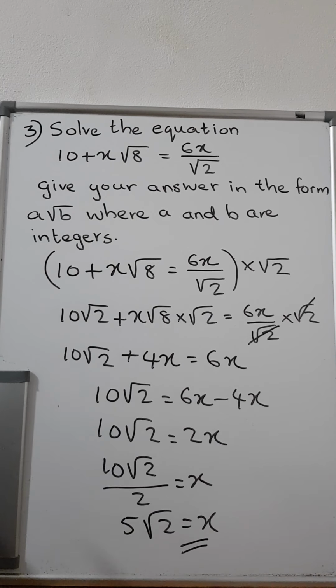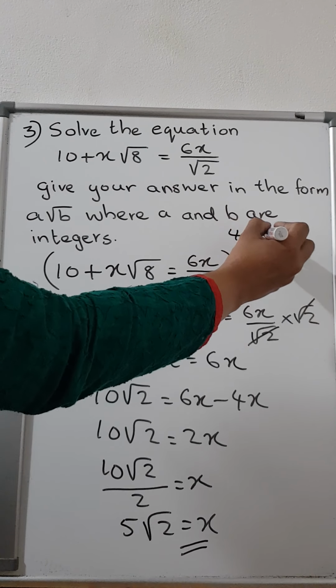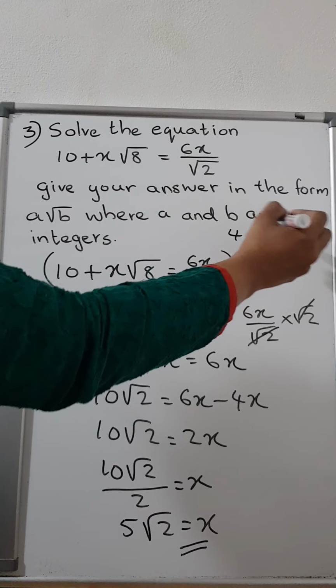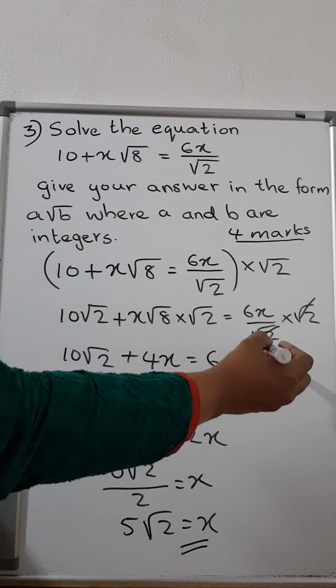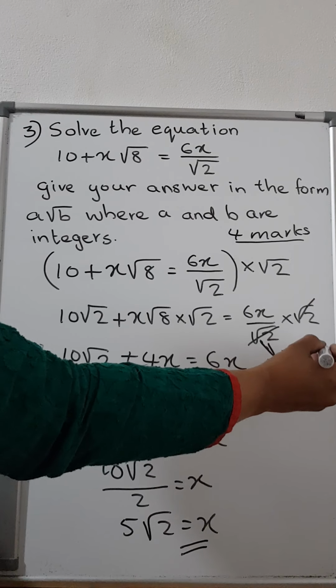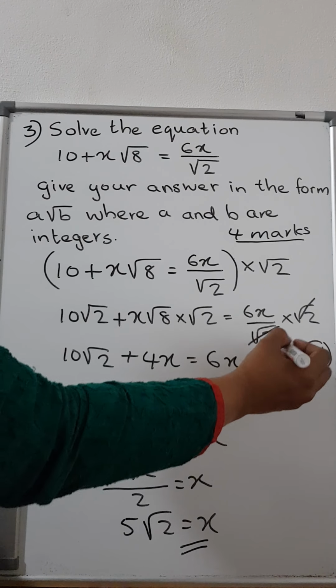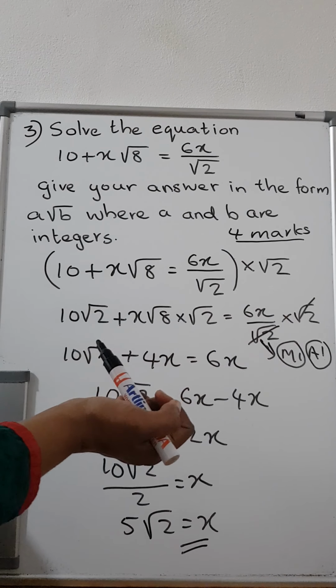See, the question carries how many marks? The question carries 4 marks. So for getting this part, we are getting 2 marks actually. M1, A1, 1 method mark and 1 accuracy mark for multiplying with root 2 and simplifying it.